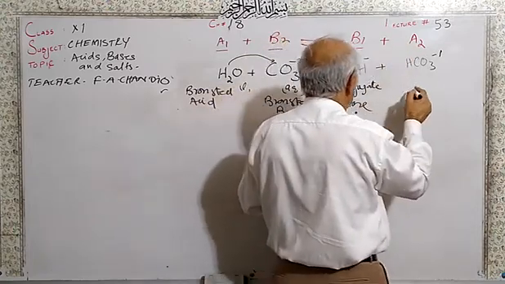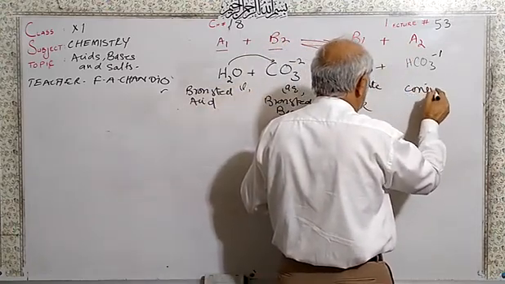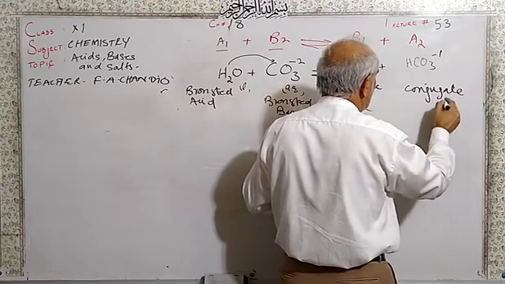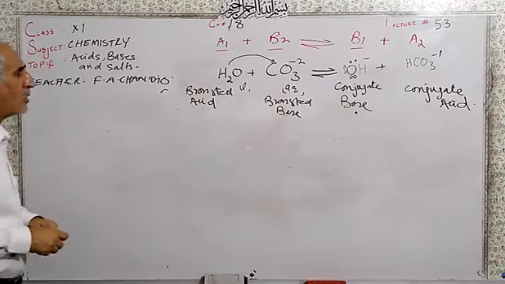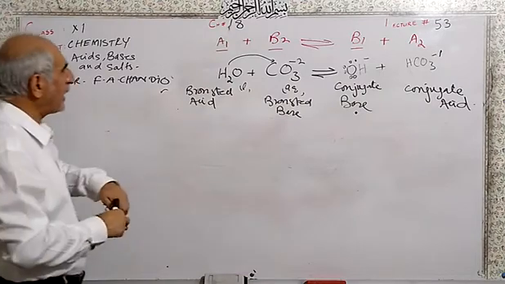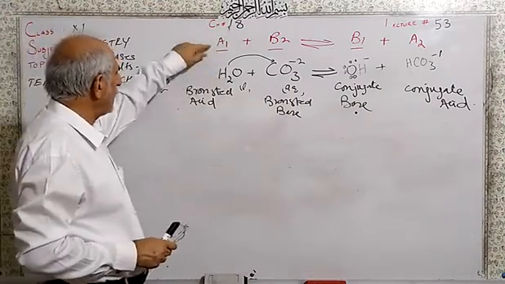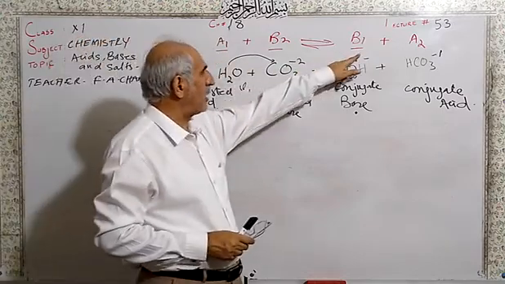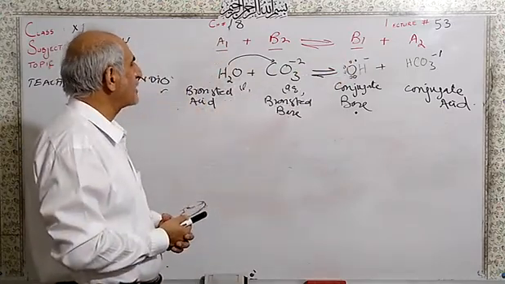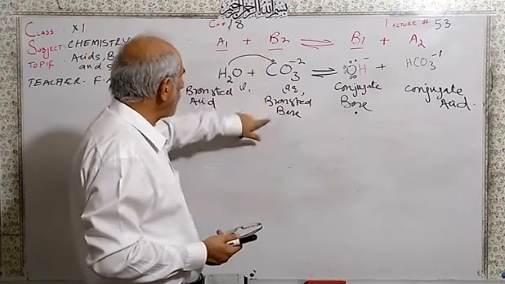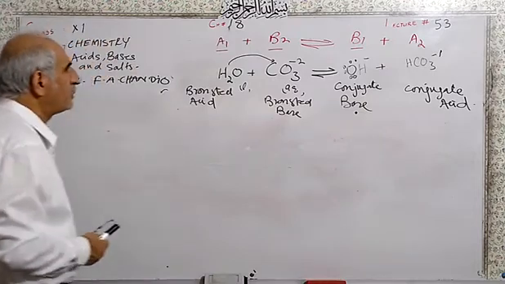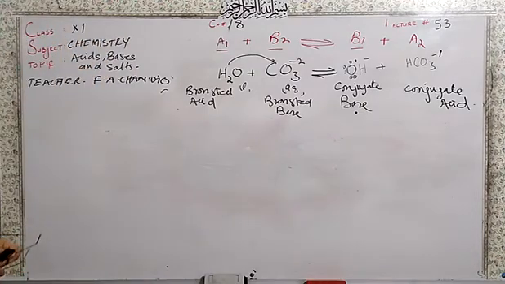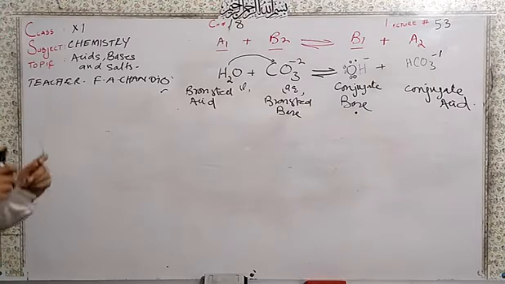A2 is a conjugate acid. So when you make a pair, A1 means Bronsted acid to the conjugate base, and B2 Bronsted base with the conjugate acid. This is one example of the Bronsted conjugate acid base pairs.